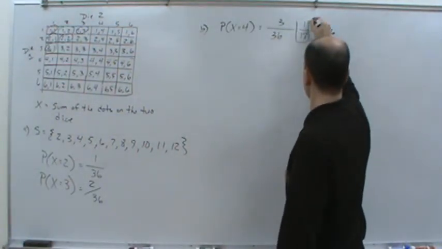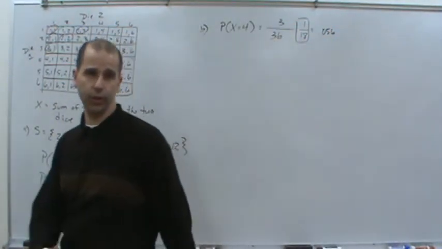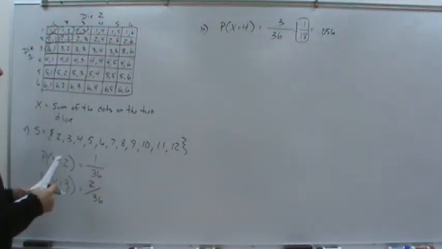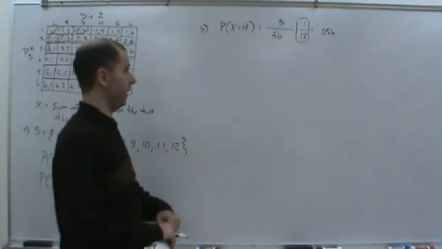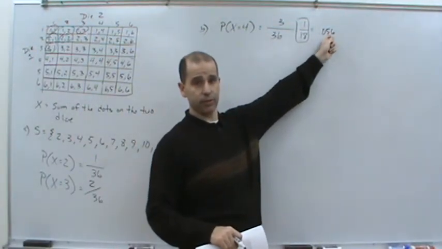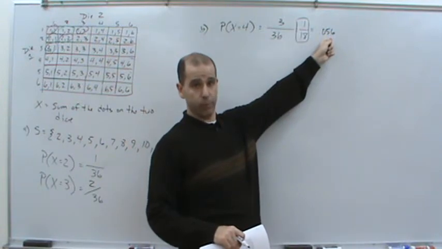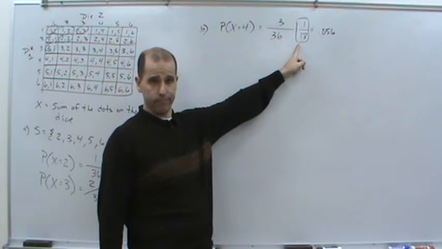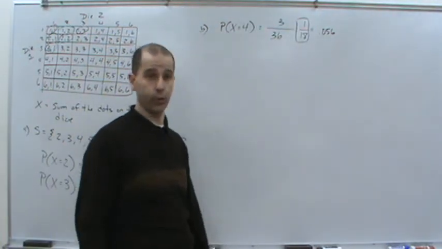Or you can leave it as a simplified fraction too, okay? Not a big deal. A lot of times, like I do on exams, I always have my students write it as a decimal, but in reality, you could just leave it as a fraction. It just depends on what you're asked to do, okay?